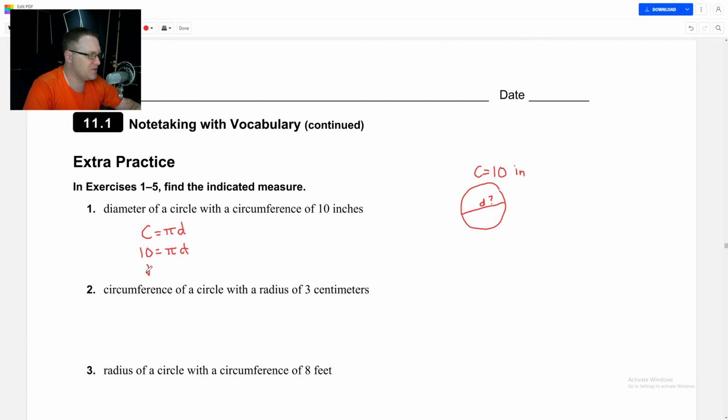If we want to have D by itself, we're just going to have to divide by pi and put it under here. So D is going to equal 10 divided by pi.